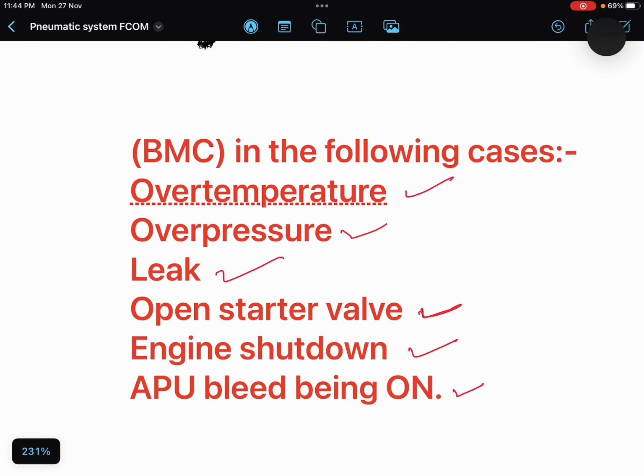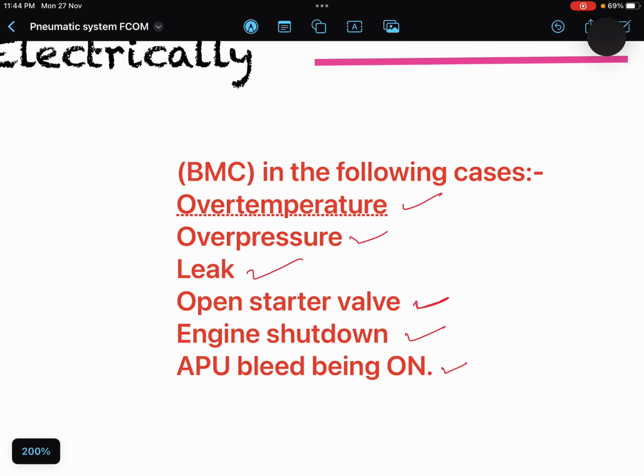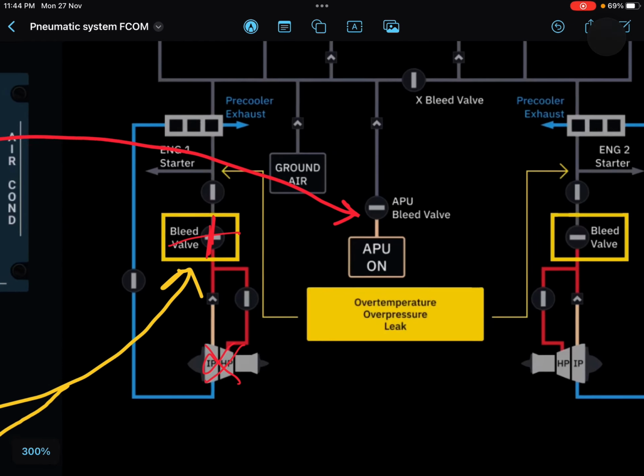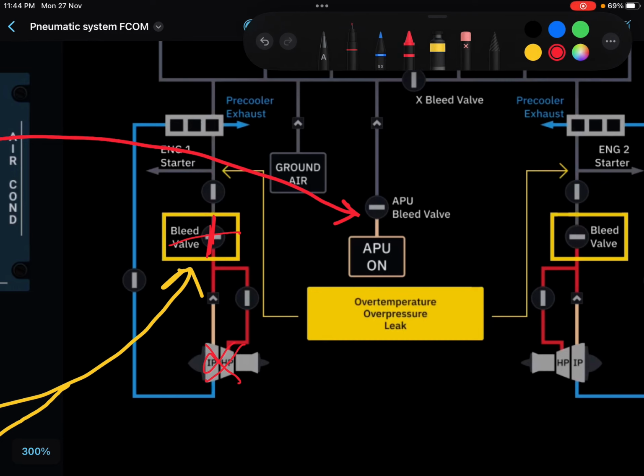Now there are two more conditions. I should say manual electrical closure. How can you manually close this bleed valve? Do you have any access to close these bleed valves?